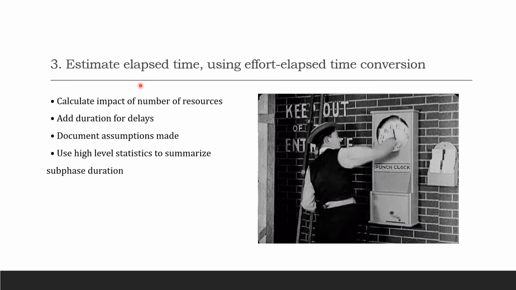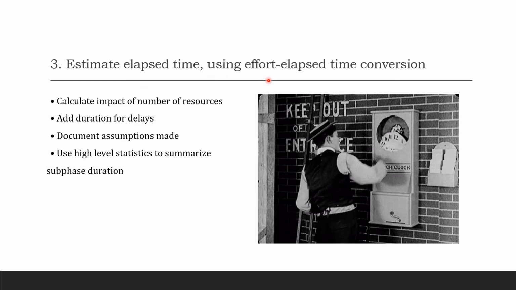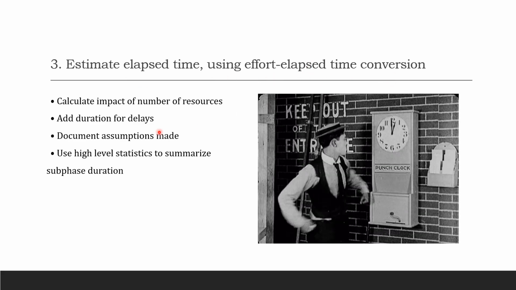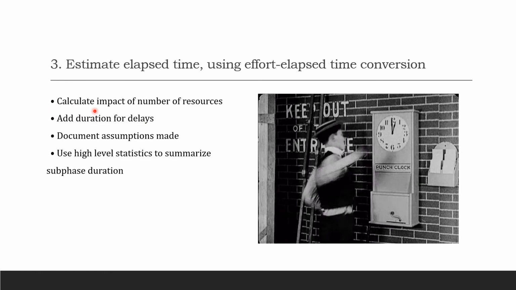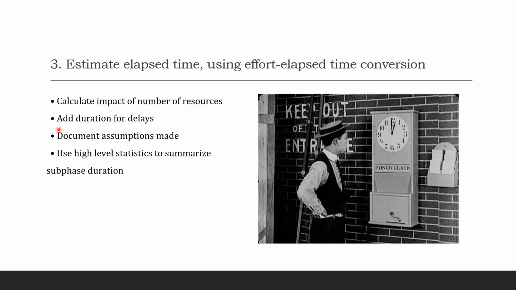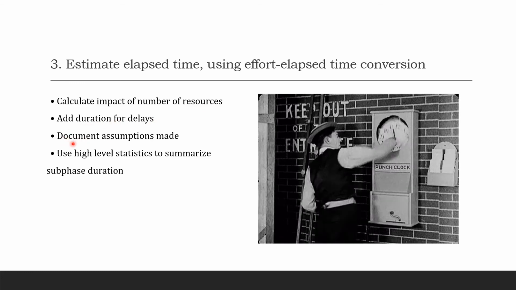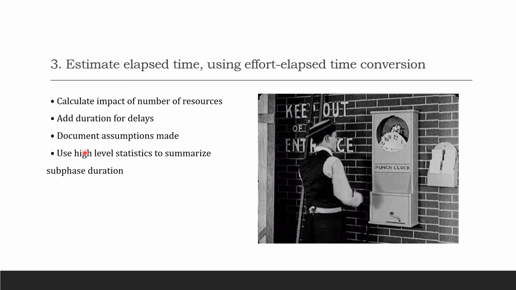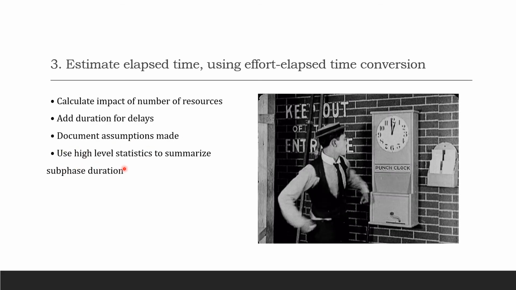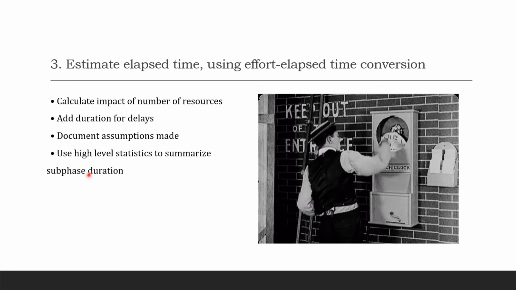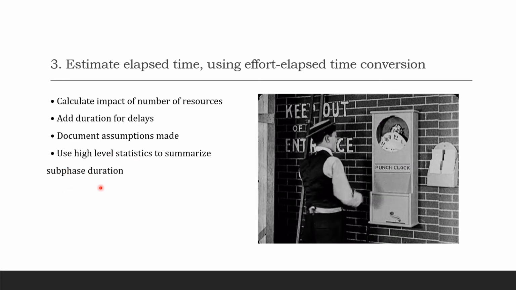Alright, then we're going to estimate the elapsed time using the effort elapsed time conversion. So first, you're going to calculate the impact of number of resources, and then you're going to add the duration for delays, and then you're going to document assumptions made, okay, and then you're going to use high level data, your figures, to summarize the subphase duration.